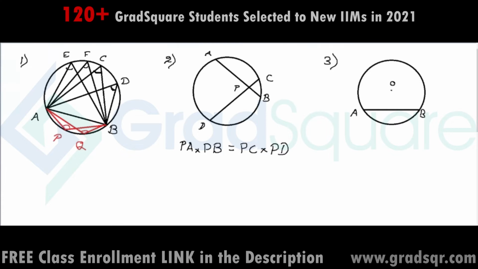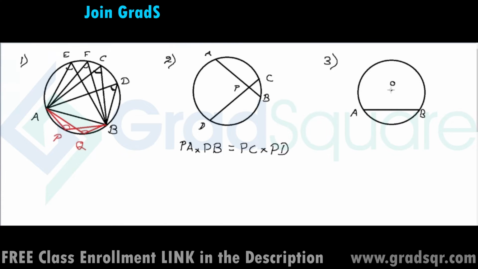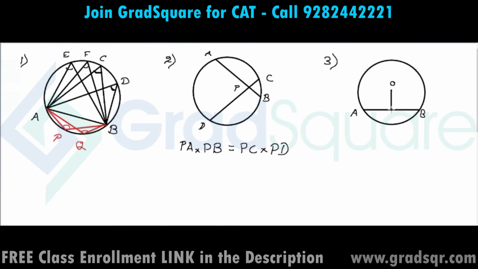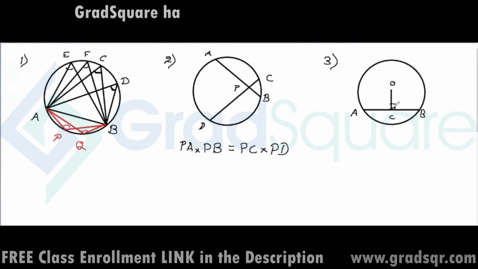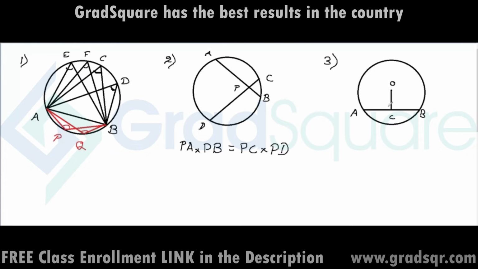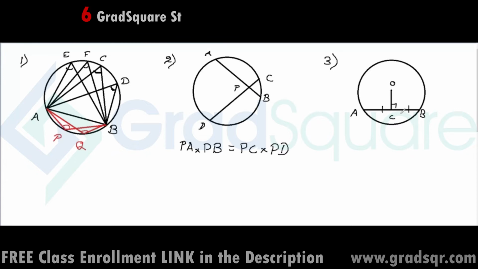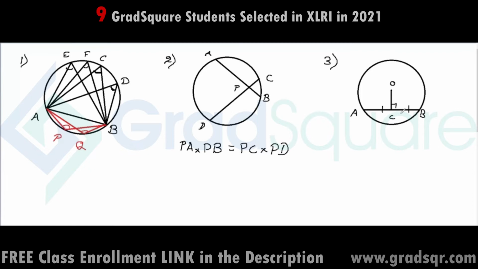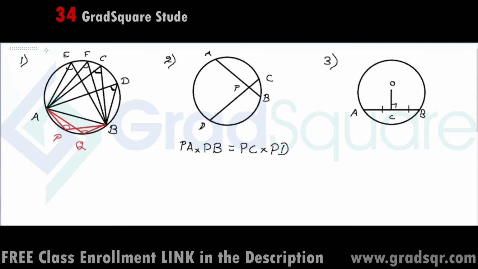Now from the center of the circle, if I drop a perpendicular onto this chord AB, such that the foot of this perpendicular on AB is C, then theorem number 3 states that C will be the midpoint of AB. So a perpendicular drawn from the center of a circle onto a chord will always bisect the chord.